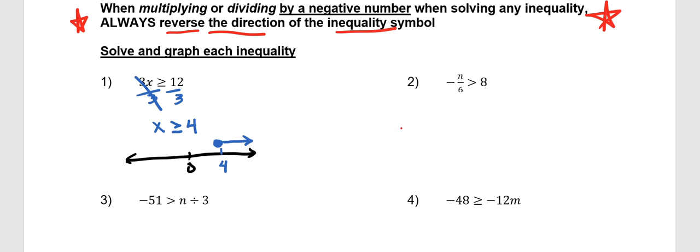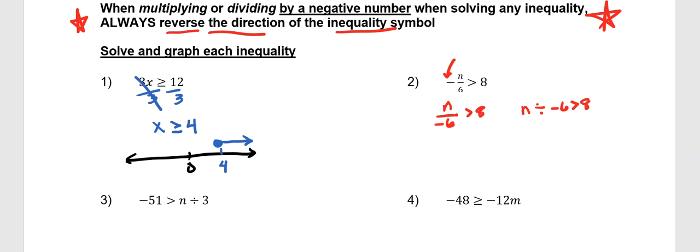In the next problem, there's a negative sign right here. So we want to be careful in terms of how we treat that. That basically says the equivalent of n over negative 6 is greater than 8. Or another way of writing that is n divided by negative 6 is greater than 8.